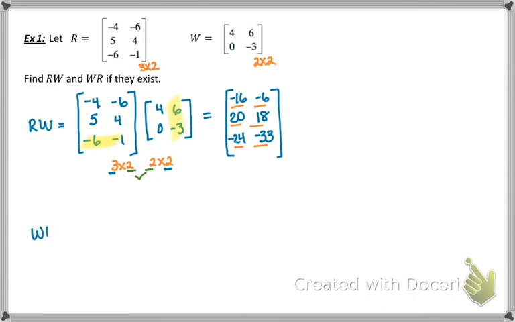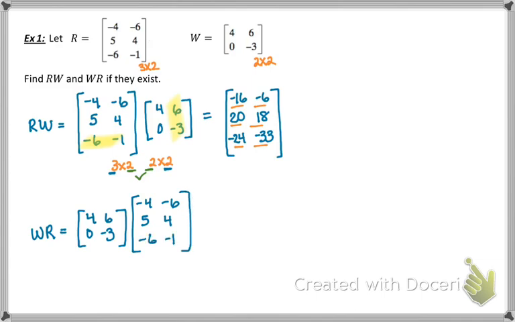Now let's do the reverse and look at WR. So swapping those, we have 4, 6, 0, -3 times -4, -6, 5, 4, -6, -1. And again, let's compare the dimensions. I have a 2 by 2 and a 3 by 2. Okay, we have a little problem because if we look at the inner numbers, the number of columns in the first matrix does not match the number of rows in the second matrix.